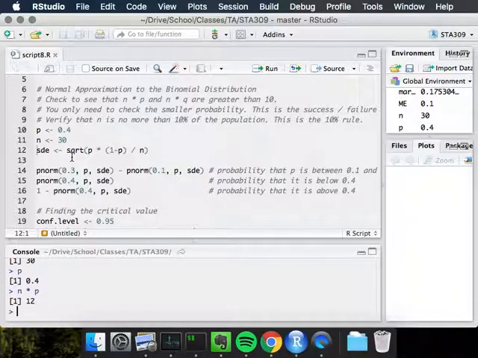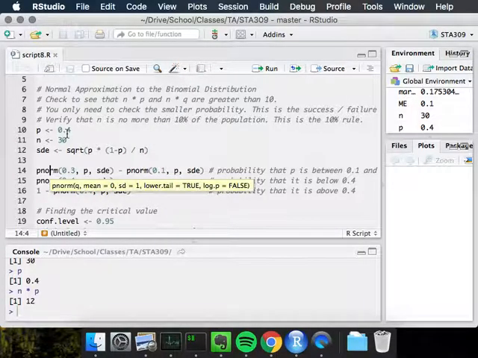Now the standard deviation is the formula for the standard deviation for a binomial distribution, which we'll be plugging into the normal approximation. So we just take a square root of p times 1 minus p divided by n, the number of observations, and that'll give us the standard deviation. So basically, when we're doing the normal approximation, our mean is, oh, sorry, actually the proportion. Sorry, this is the proportion 0.4.